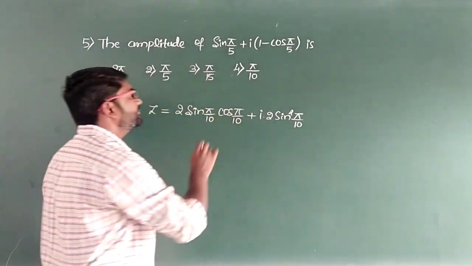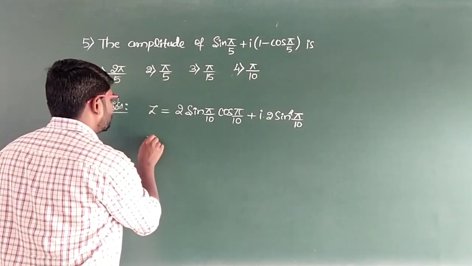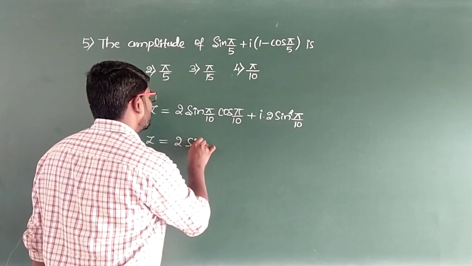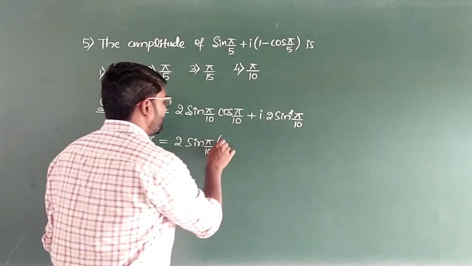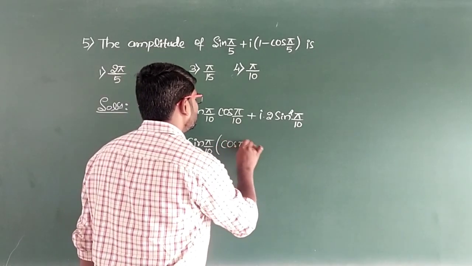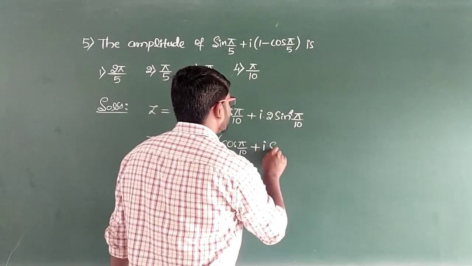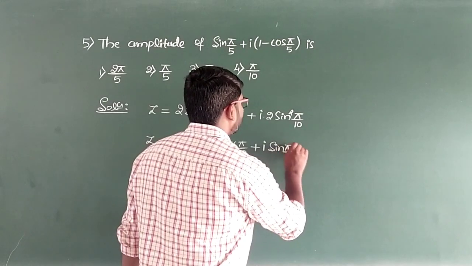So in these two terms we can take 2 into sine pi by 10 as a common term. Z is equal to 2 into sine pi by 10 common. So we are left with cos pi by 10 plus i, we have one more term now, that is sin pi by 10.